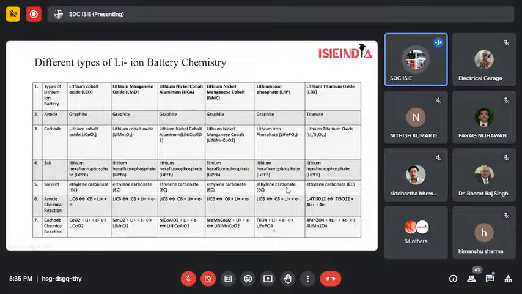Lithium iron phosphate is getting formed here. The lithium ion combines with the electron and the iron phosphate, forming lithium iron phosphate, which is also known as the LFP cell, LiFePO4.